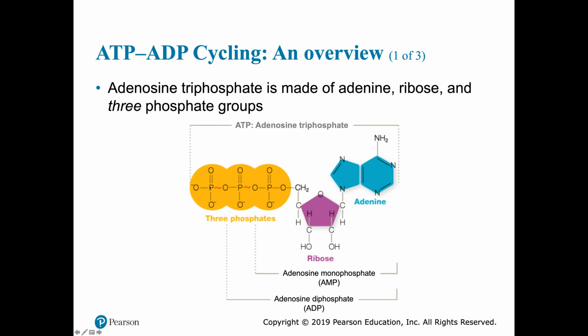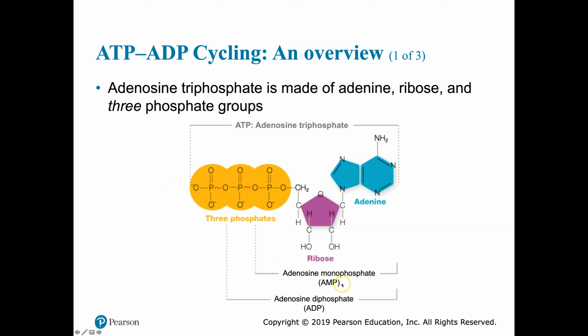Okay. So that's ATP. Now, this image shows you that you can remove one of the phosphates and have adenosine diphosphate, ADP, which is pretty common. And then you can even have adenosine monophosphate, where you got rid of both this one and this phosphate, and you're left with only one of them.